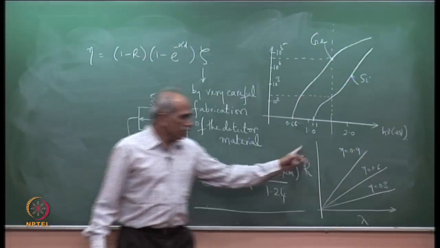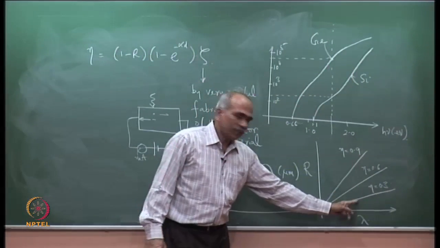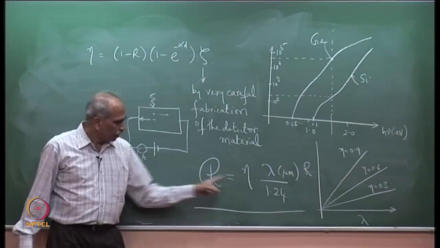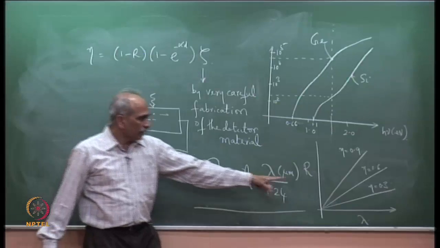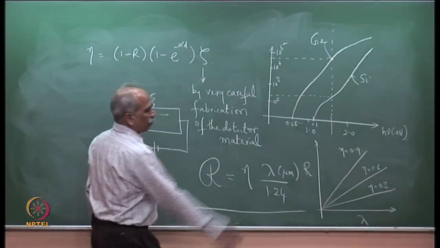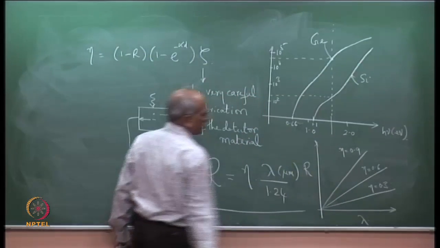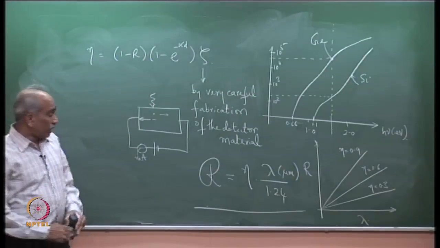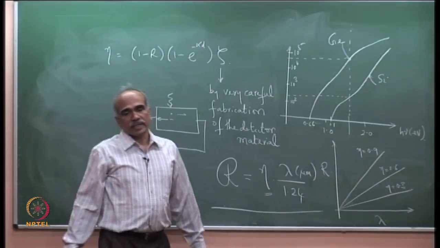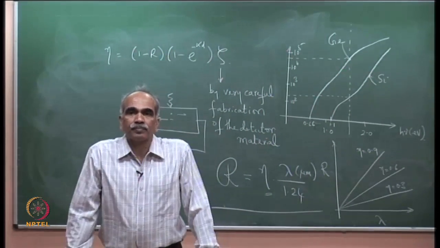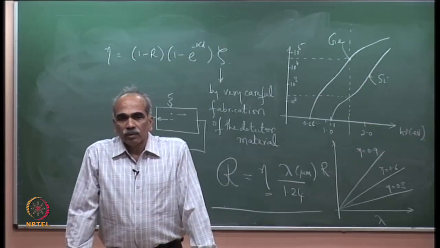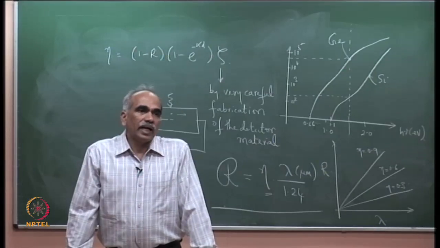This is assuming that eta is a constant, the responsivity is directly proportional to lambda, and you will get straight lines. You can put some numbers and find out what is the responsivity. But eta is not going to be constant. We will discuss this in the next class, and in the next class I will also discuss about PN diodes, PIN diodes and APDs.